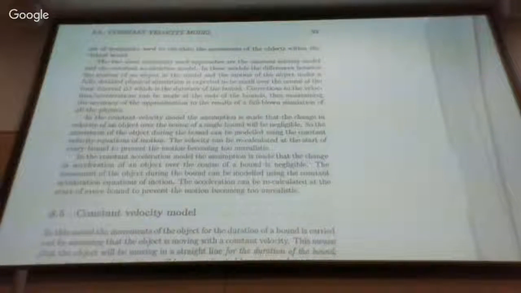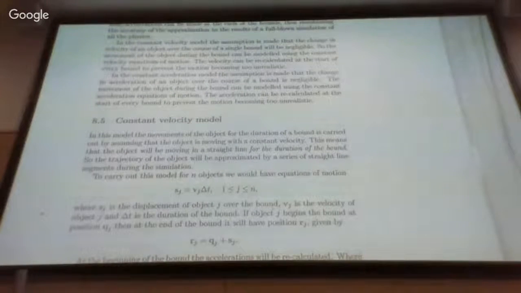So what are these constant velocity and constant acceleration models? Well, in the constant velocity model, as its name suggests, the assumption is this. In the real world, moving under the influence of a force, typically gravity, the velocity is going to be constantly changing.